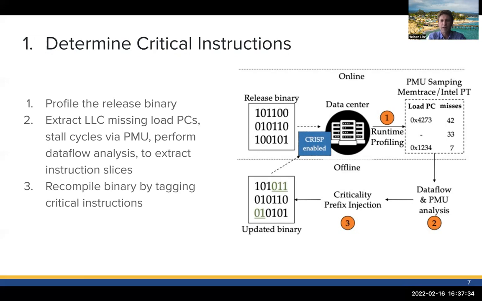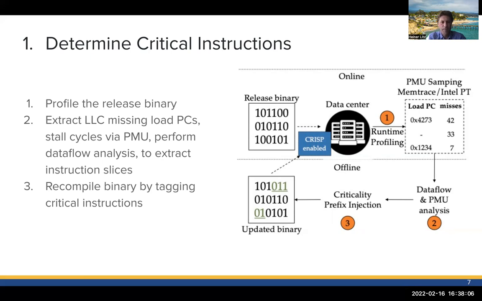And because that would introduce a lot of hardware complexity and metadata storage, we leverage already existing PMU hardware performance monitoring unit counters of CPUs, such as those from Intel, ARM, and AMD. These mechanisms not only allow us to extract the PCs of those instructions, but also the stall cycles they incur and their latency.